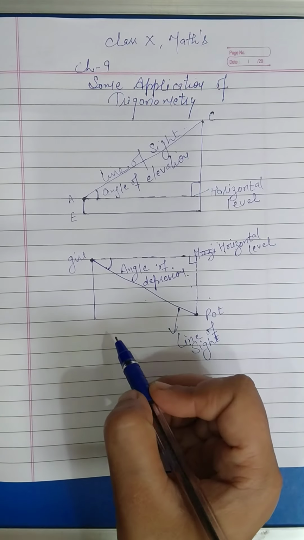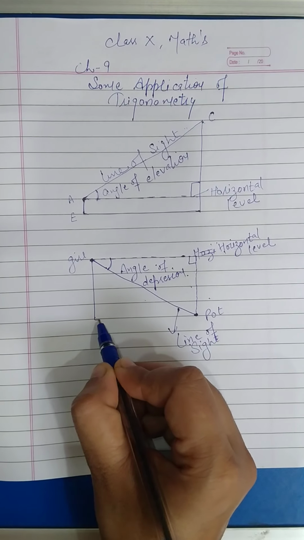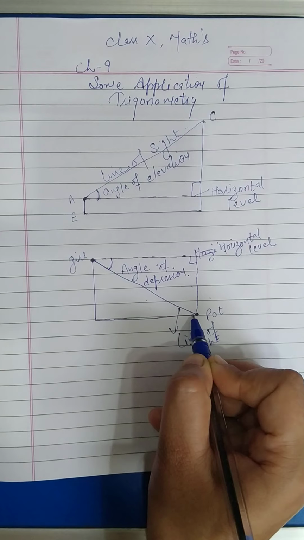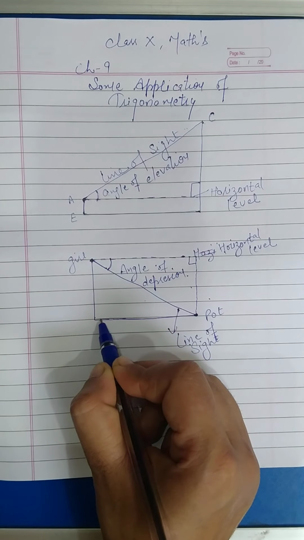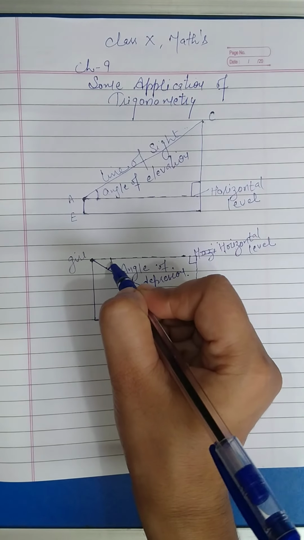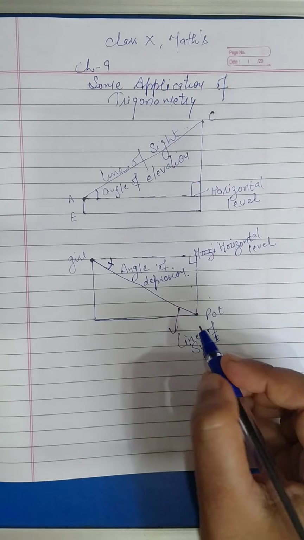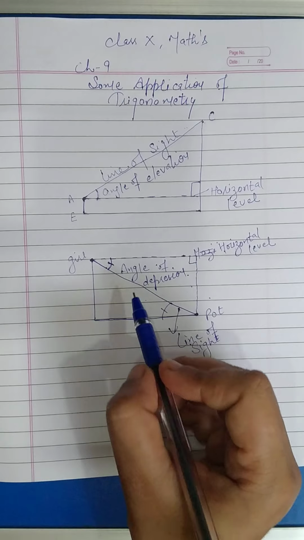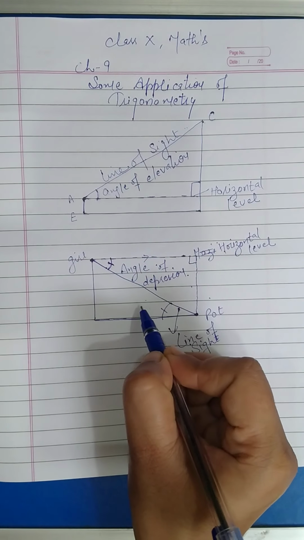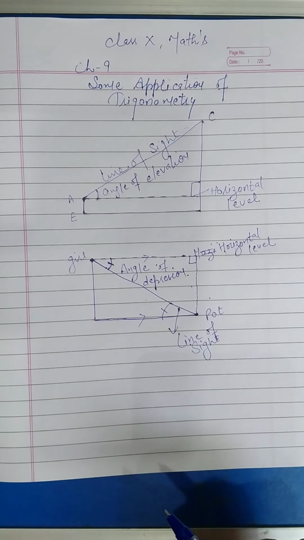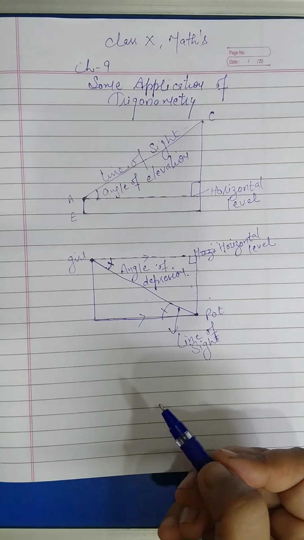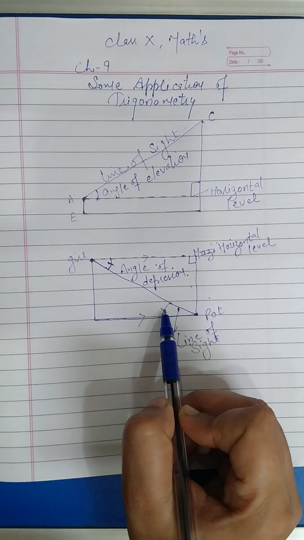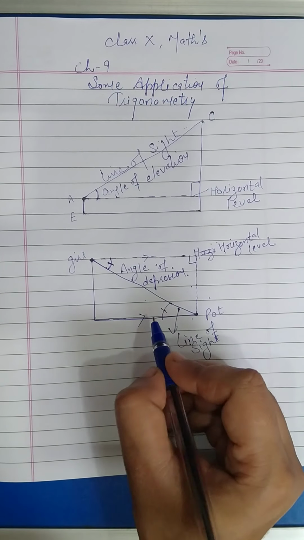And you can also say, when we join the ground level, this is the ground level. So whatever angle is formed here, the same angle is formed at this point. Why is it so? Because these two lines, the horizontal line and the ground level, are both parallel. Whenever there are two parallel lines and a transversal, the angles formed by the parallel lines and the transversal, these two are which kind of angles?